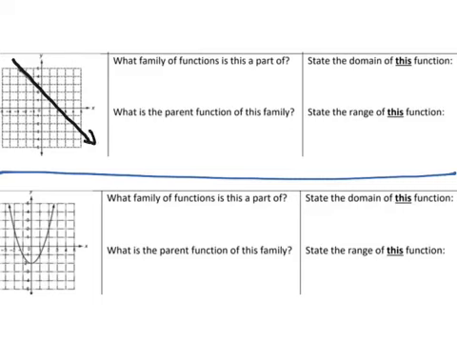So it's a straight line and it continues on forever, and the way we know that is because it has an arrow on the left and the right side. And so it's a straight line and it's continuous, which means that it's a linear function. So that's the family of functions that it is a part of. Straight line and continuous, we know it's linear.